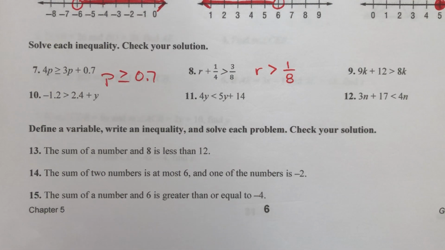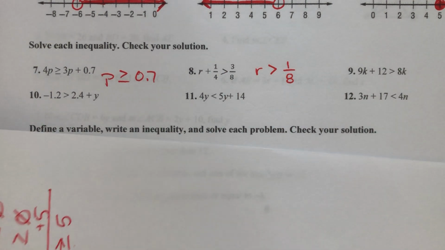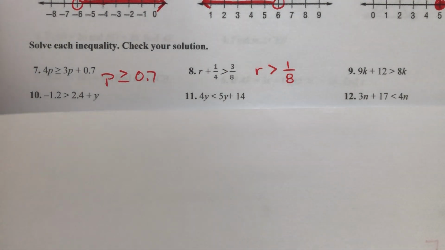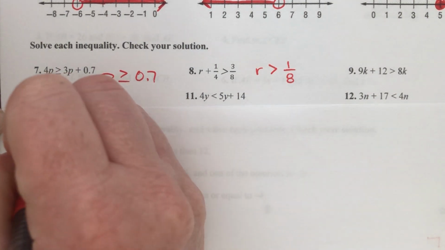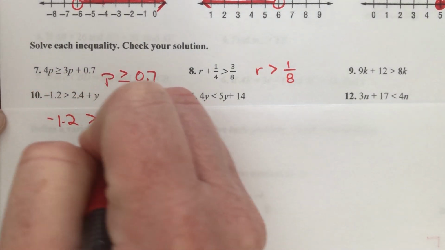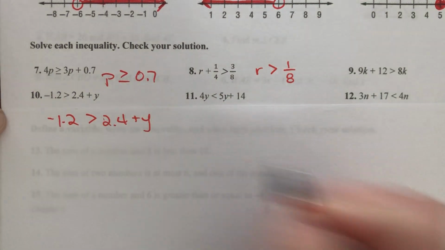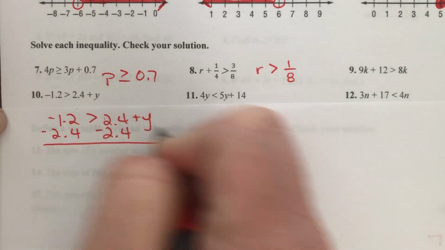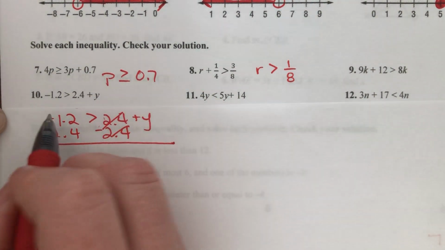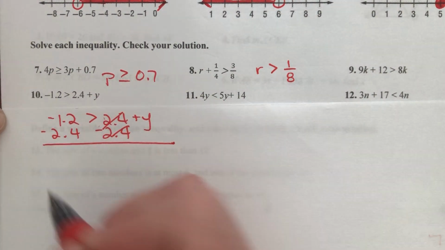Number 10 has some decimals. They're not scary, but we can do them just to ease your fear a little bit if you have any. All right, negative 1.2 greater than 2.4 plus y. I need to get rid of 2.4. So these go away. Negative 1.2 minus 2.4.